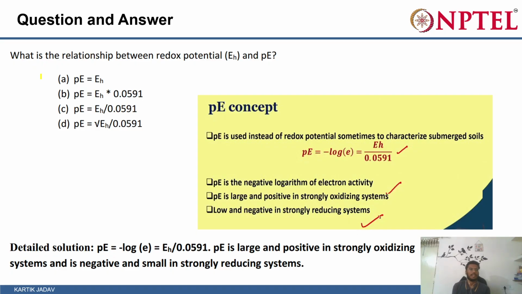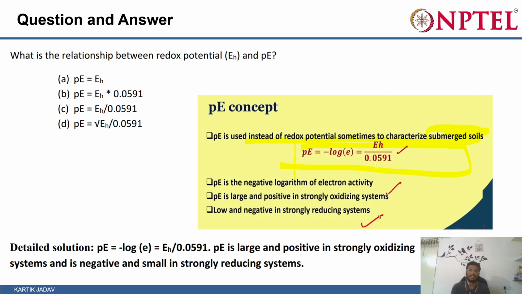Next question: what is the relationship between redox potential and pE? So we know that pE is sometimes used instead of redox potential to characterize submerged soil. So the pE concept that we generally use for submerged soil is given as pE equal to minus log e, equal to Eh by 0.0591.